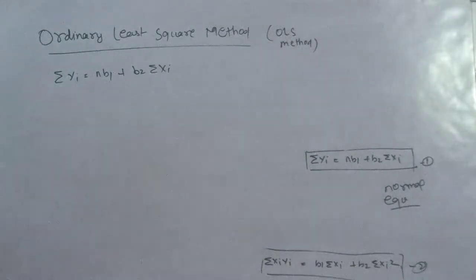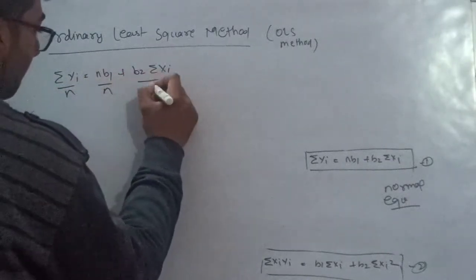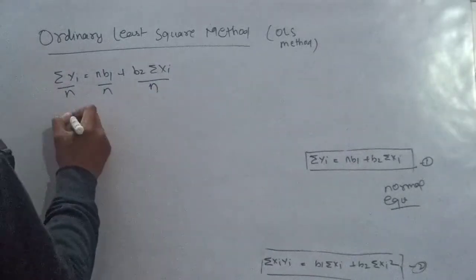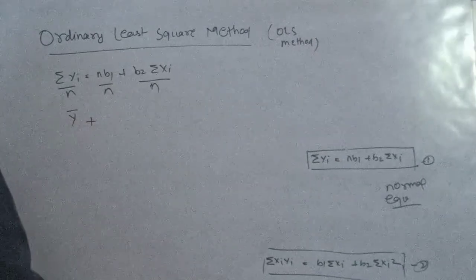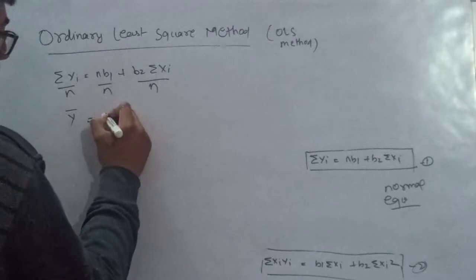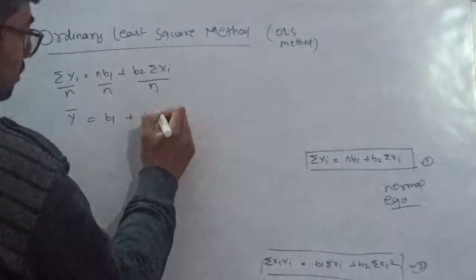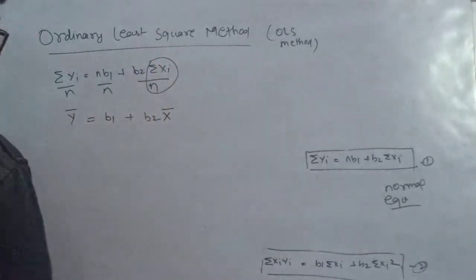Now divide both sides by n. Then what will it become? This will become y bar equal to b1 and b2, this part will become x bar.